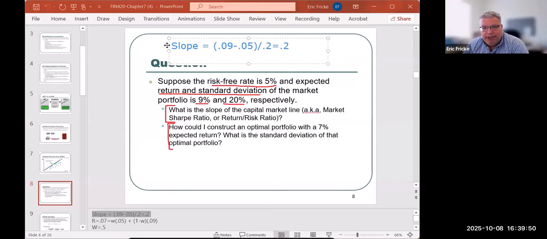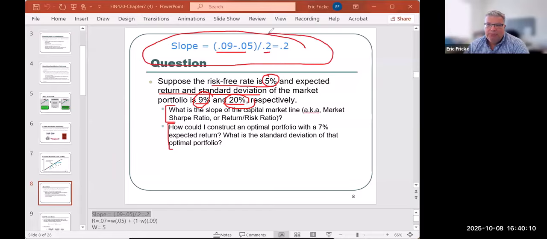So here's the Sharpe ratio. It's going to be the return of whatever portfolio we have minus the risk-free rate. That's this right here. And then we divide that by the standard deviation of the portfolio, and in this case, that's 20%. Okay, so here's the slope, the Sharpe ratio of that market portfolio, 0.2. That's how we would calculate it.